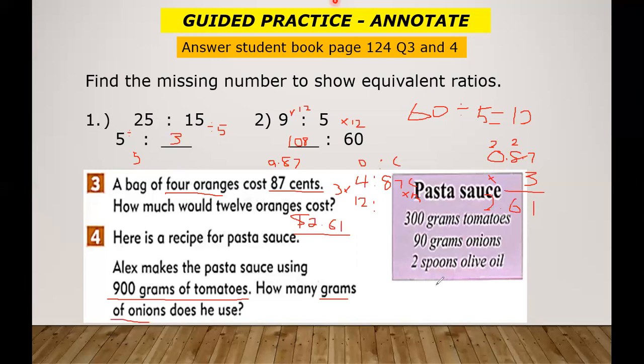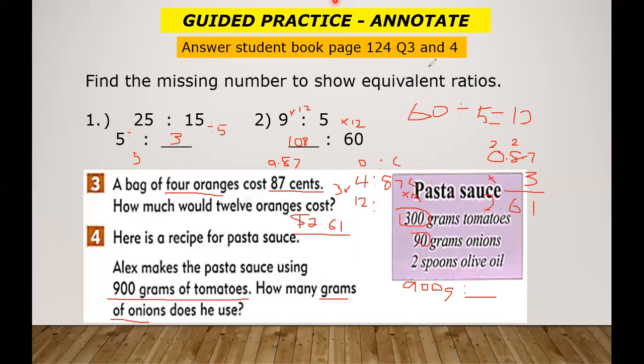So let's write it down here: 900 grams is to how many onions? Okay, onions. So let's see first the ratio of the pasta sauce.